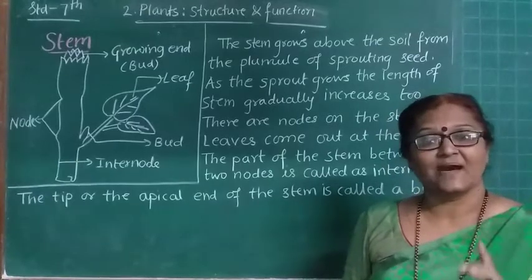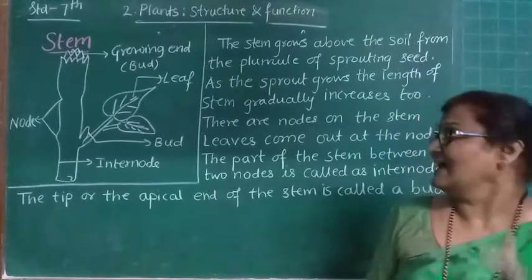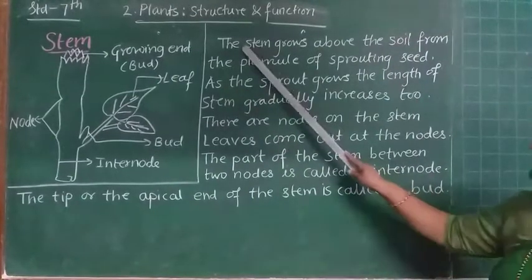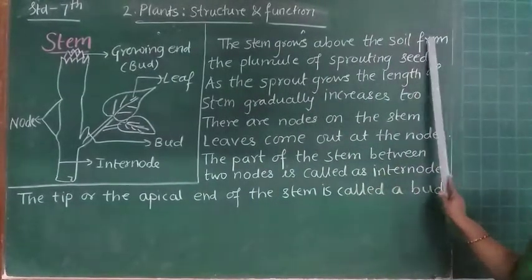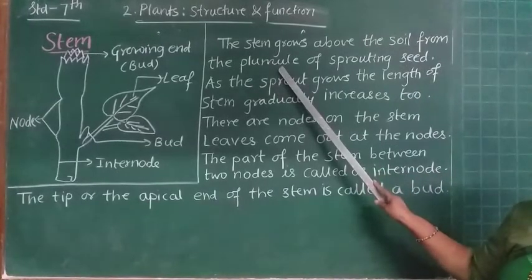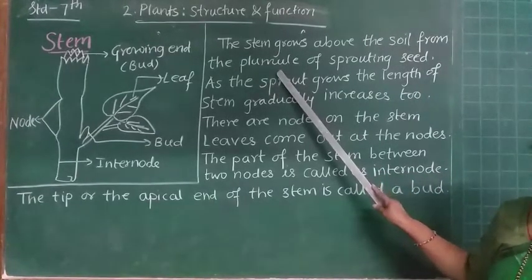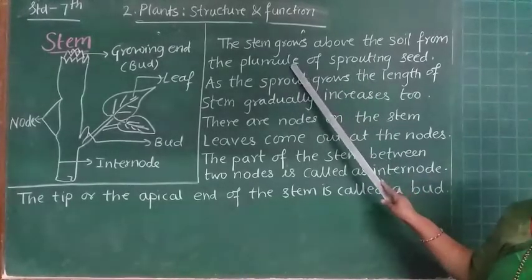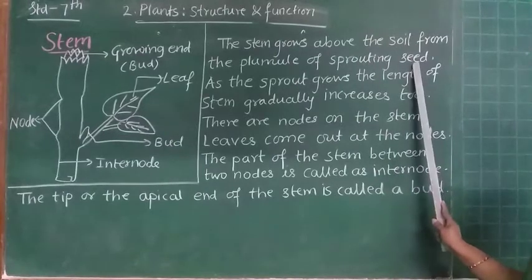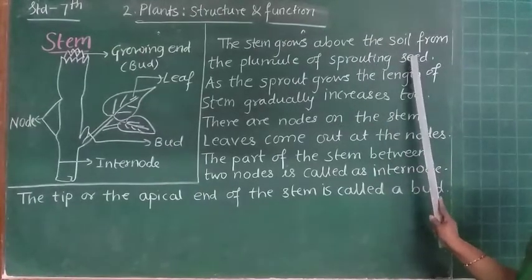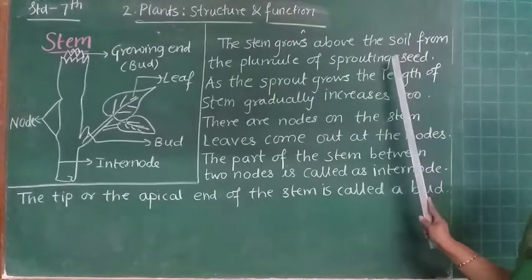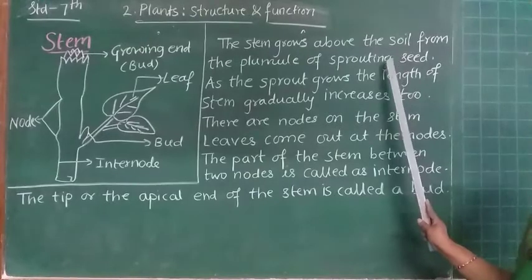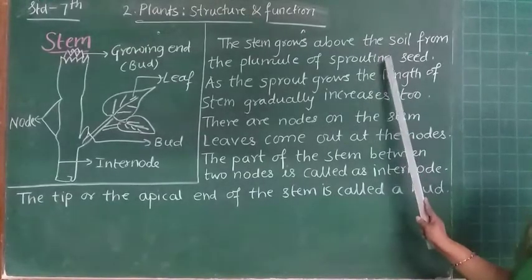These are the parts we have seen in our last lecture. Now what does this tell us here? The stem grows above the soil from the plumule. Plumule is a part which grows above the soil. We know that. Where the plumule grows, it grows in a sprouting seed. Whenever the seed is sprouting, the radical and plumule are seen.